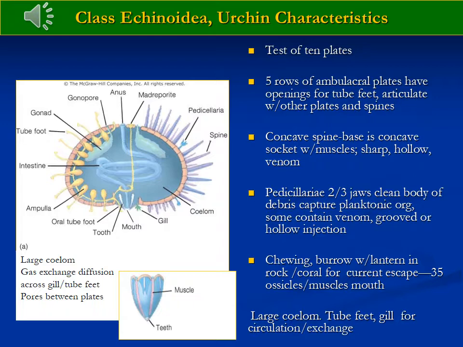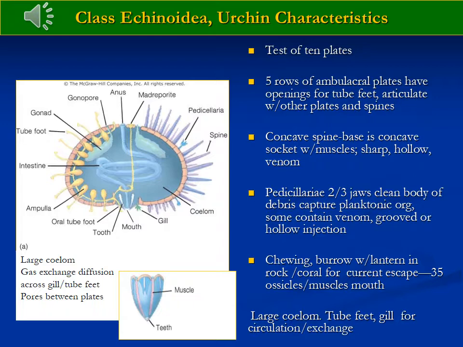So this is a cross-section, I guess, from aboral to oral end of the animal here. And you can see that this obviously is a sea urchin, and the sea urchin has a big body cavity here, a big coelom, and it's not as compressed as the sand dollar.